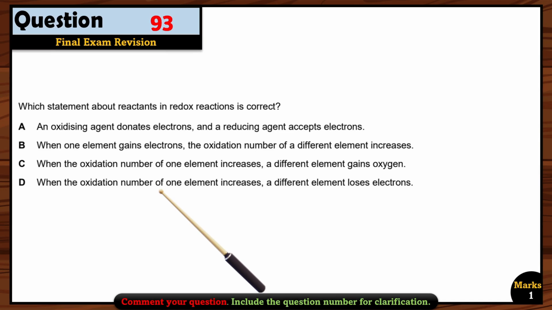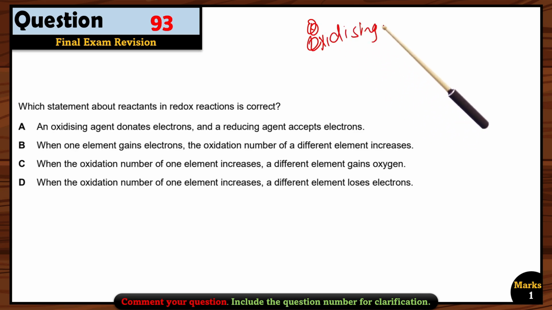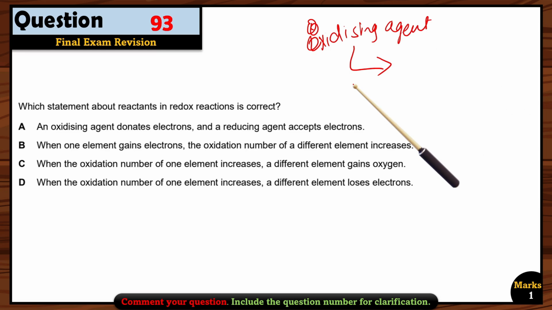Let's see question 93. Which statement about reactants in redox reactions is correct? This question is related to oxidizing agent and reducing agent. If you remember, the oxidizing agent will always be the opposite. An oxidizing agent means anything that is reduced itself but is oxidizing another one.